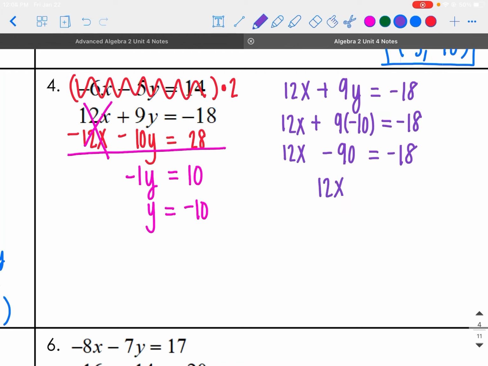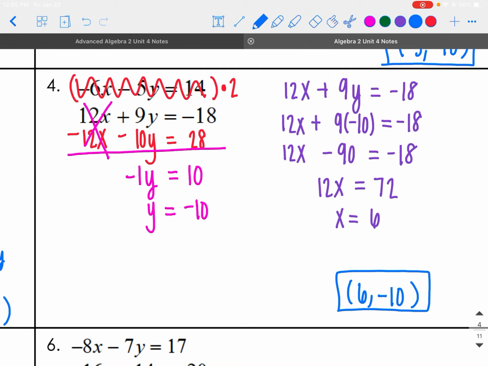And then if I add 90 to both sides, we get 12x equals 72. And then when I divide by 12, we get x equals 6. So my solution is the point 6, negative 10.